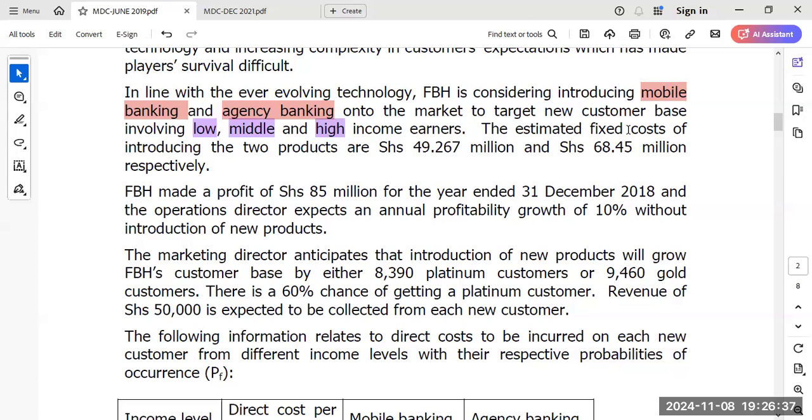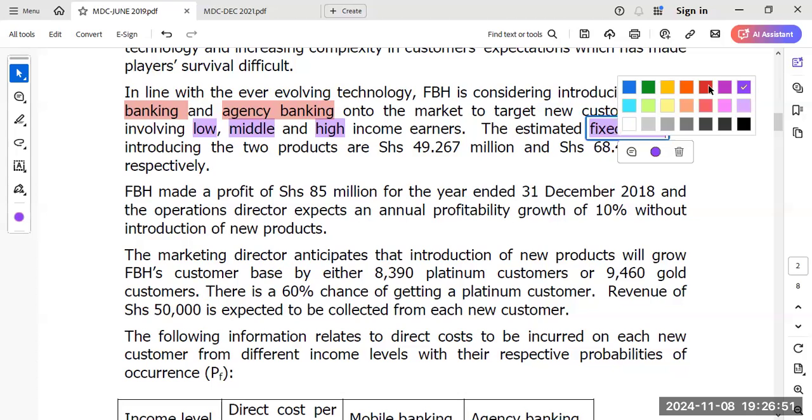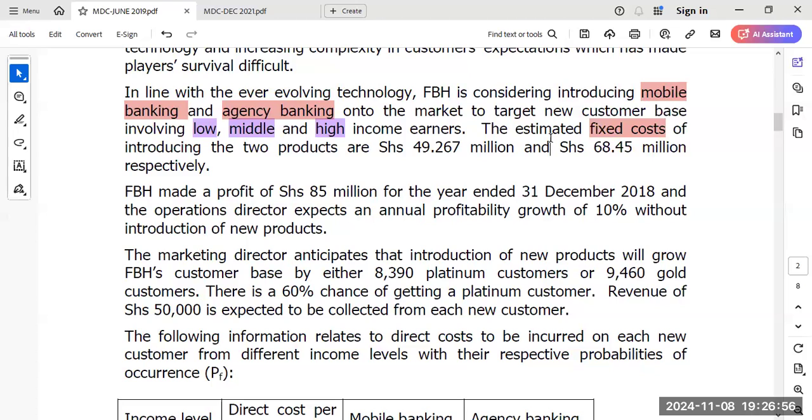Okay, the estimated fixed costs of introducing the two products are these fixed costs. Now, you're given fixed costs. Remember, the question is saying you compute expected profit. To get profit, you need total revenue minus total costs. So there is a reason why they are giving you this fixed cost, to help you in determining your profit.